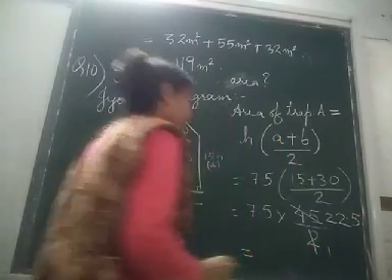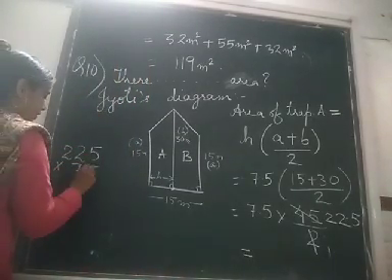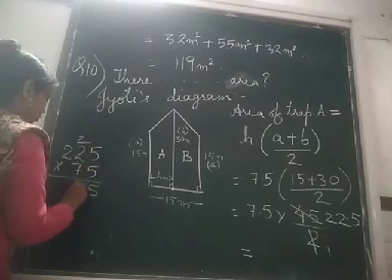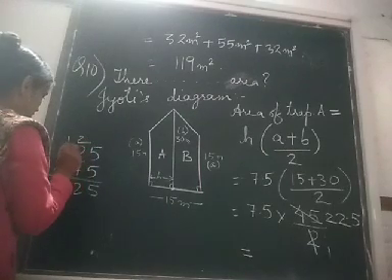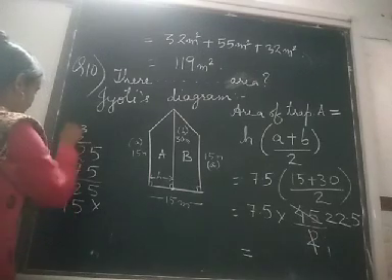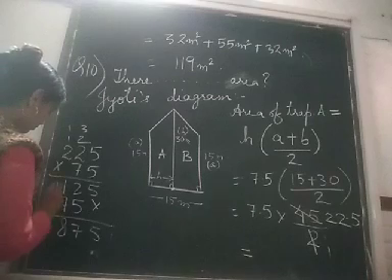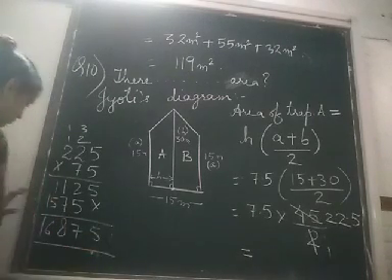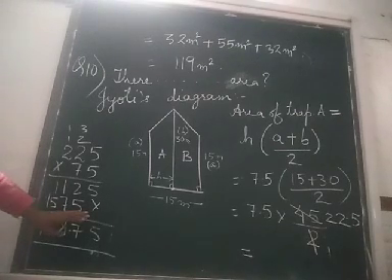We multiply 22.5 and 7.5. 5 5s are 25, 5 2s are 10, 11, 12, 5 2s are 10, 11. 7 5s are 35, 7 2s are 14, 15, 16, 17. 7 2s are 14, 15. So this is 2 place decimal, so this is 168.75.